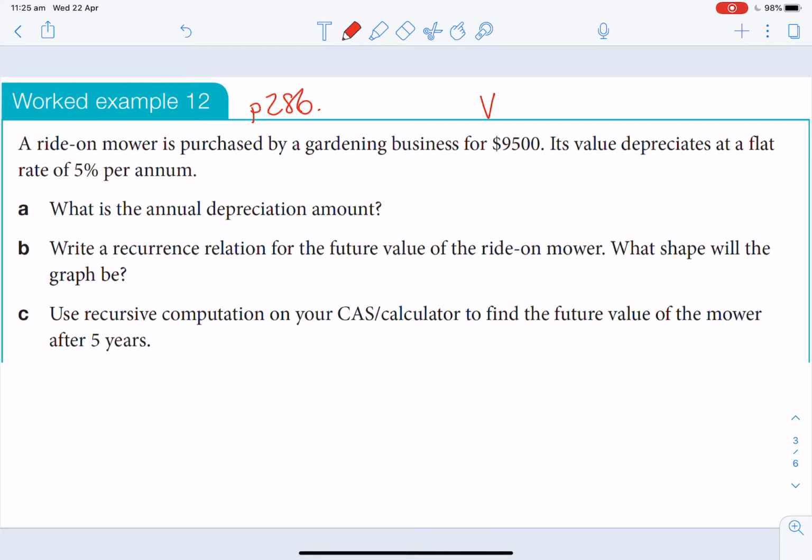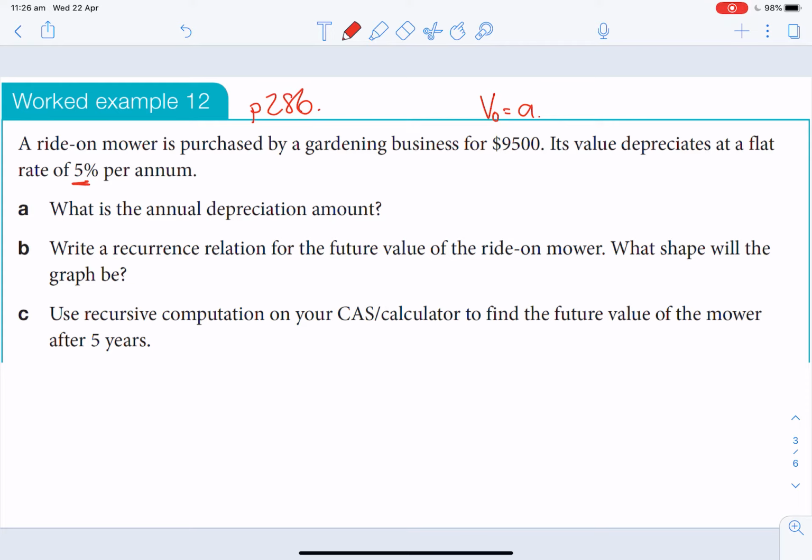So a ride-on mower is purchased by a gardening business for $9,500. So that is my A value, my purchase price or my initial value. Its value depreciates at a flat rate of 5% per annum. Now, I don't have a dollar value, I have a percentage. That means I need to find, i.e. part A, the annual depreciation amount. So I need my 5%.